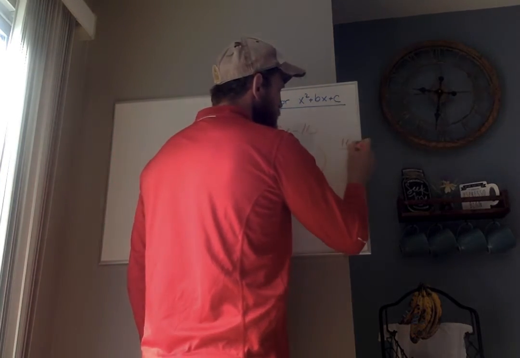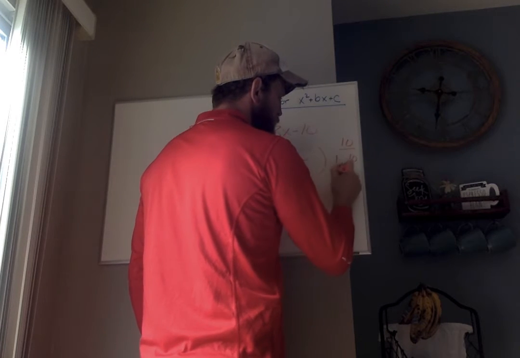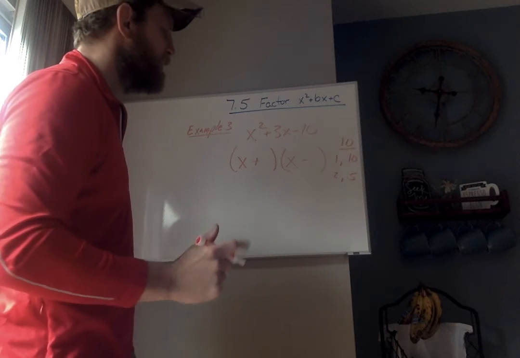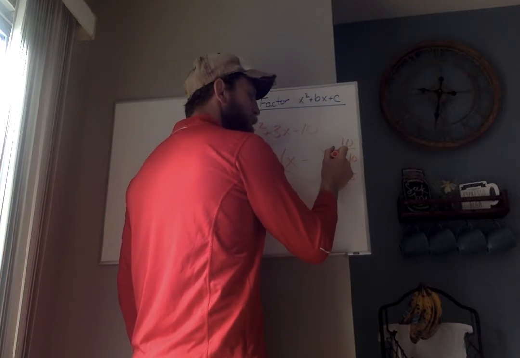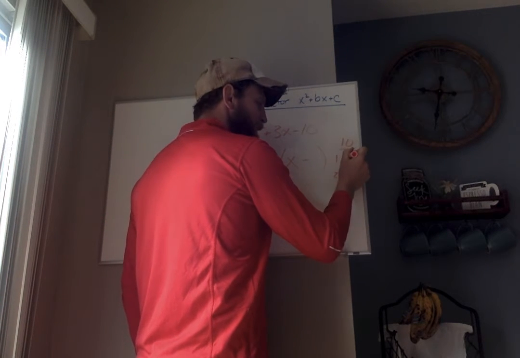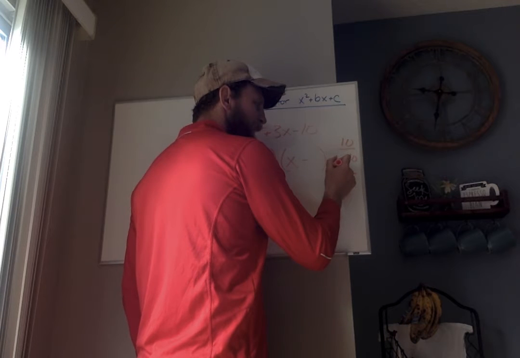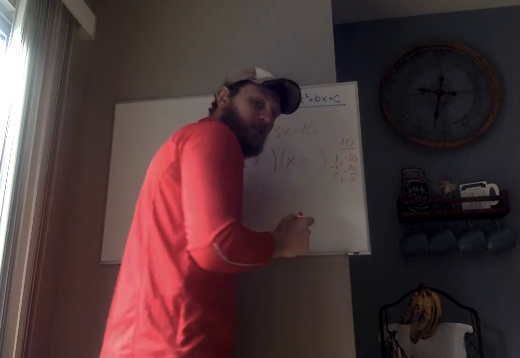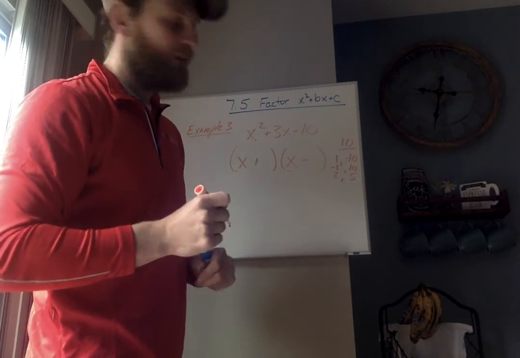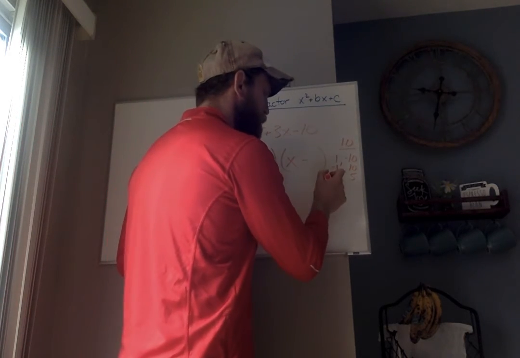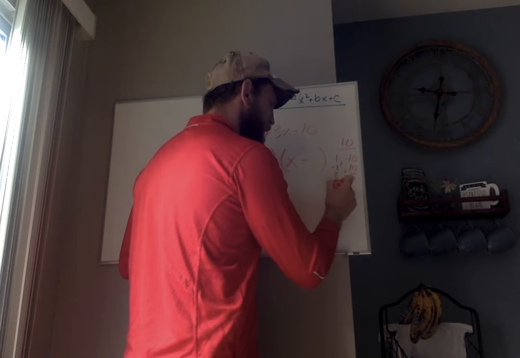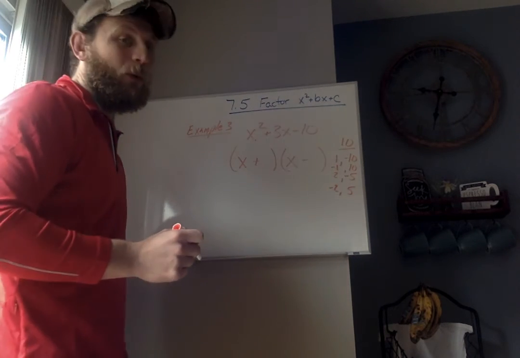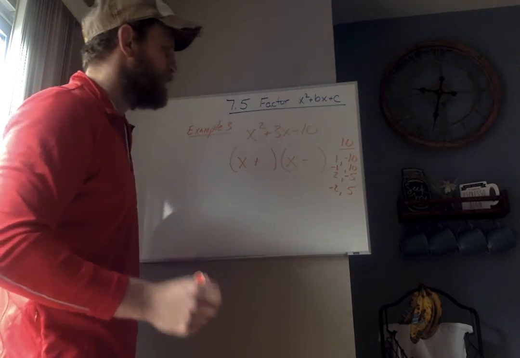So let's do the factors of 10, 1 and 10, 2 and 5. Now, here's the trick. Because they're opposite sides, I have to do plus 1 minus 10, and I have to do a minus 1 and a plus 10. So I have to put the negative with both pairs of numbers. Plus 2 minus 5, minus 2 plus 5. So which one of these 4 could give me positive 3?